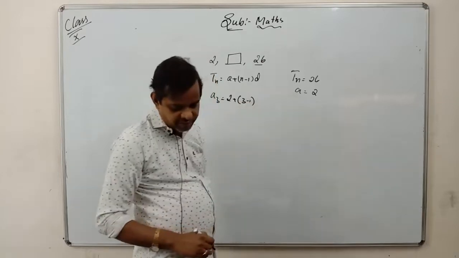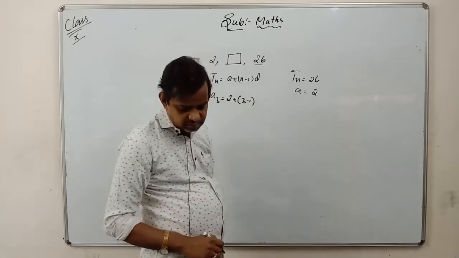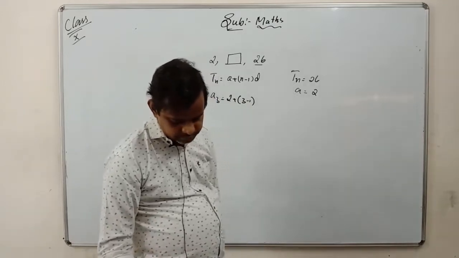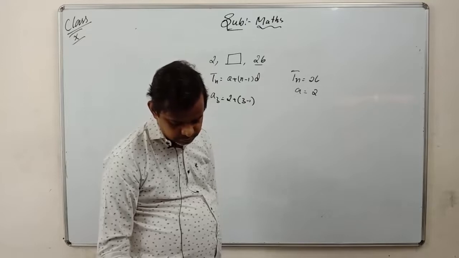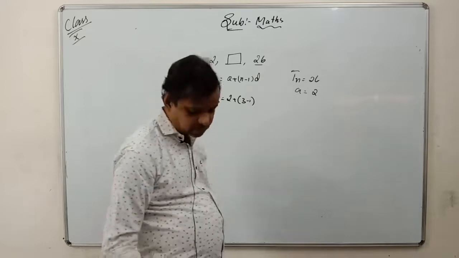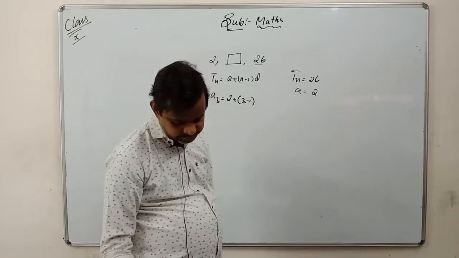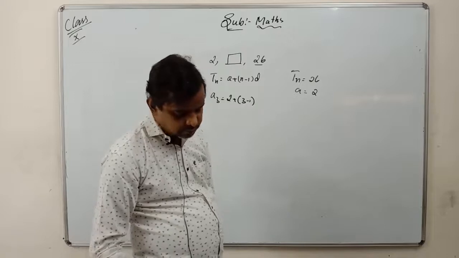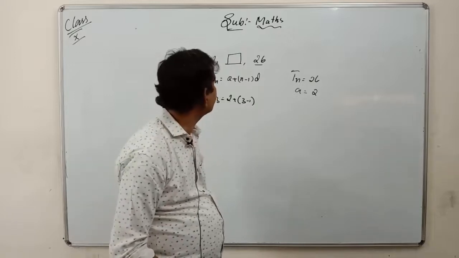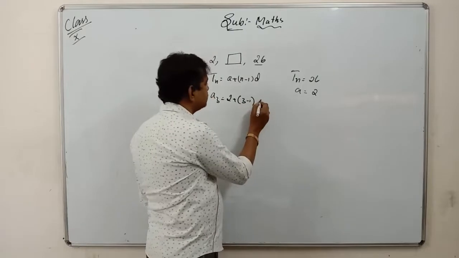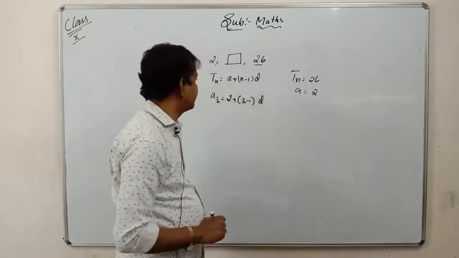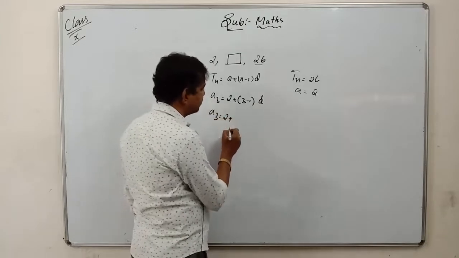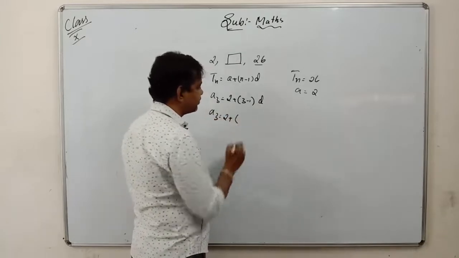What is the value of d? So A3 equals 2 plus (3 minus 1), which is 2d.